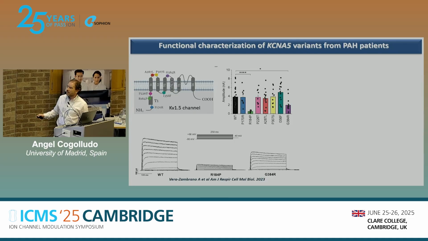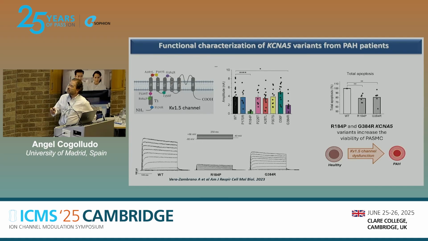As you can see, in most of them, there are no changes in the current amplitude, in principle, no changes in the activity of the channels, but two of these variants were associated with a marked loss of Kv1.5 channel function. And more importantly, these mutations were associated with a decrease of pulmonary artery smooth muscle cell apoptosis. In other words, these mutations increase the viability of these smooth muscle cells, which could contribute to this remodeling that I just mentioned a few slides before.